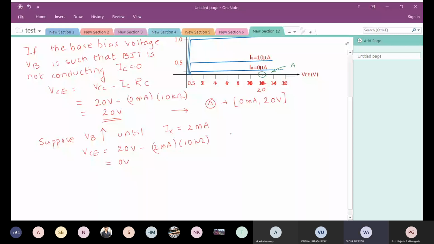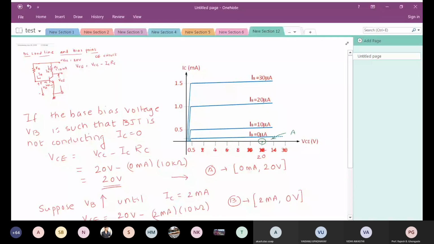So I am having another point B. Now here it will be 2 milliamperes and 0 volts. So I have another point which I can mark, somewhere here. So this is point B. The scale is a little bit distorted, but we'll have to do away with that.